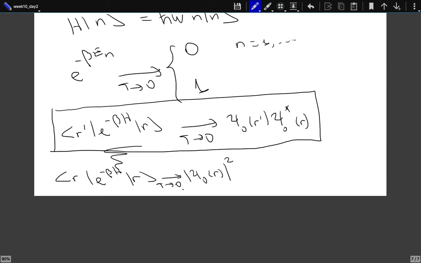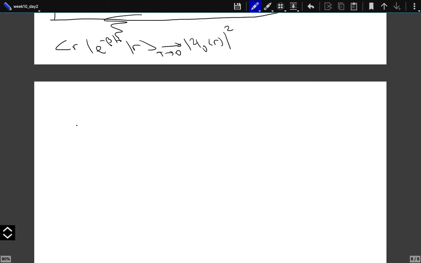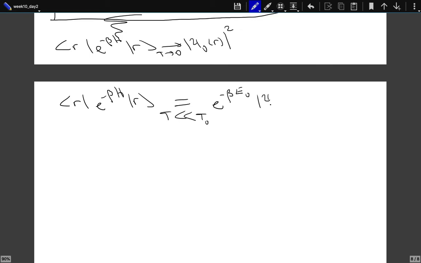In fact, what is usually done is, if t is much, much smaller than some characteristic temperature, then this matrix element will be just e to power minus beta E0 psi 0 of r.